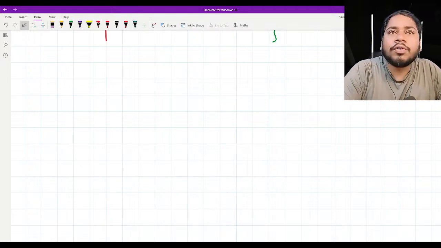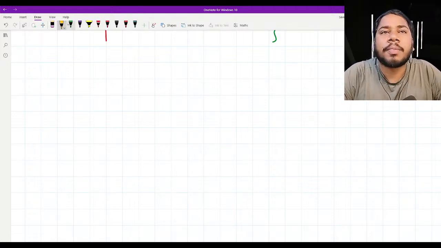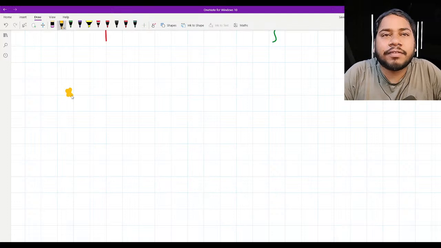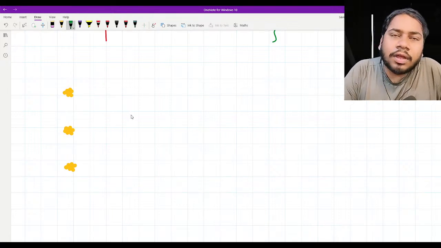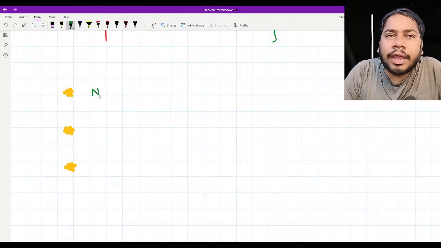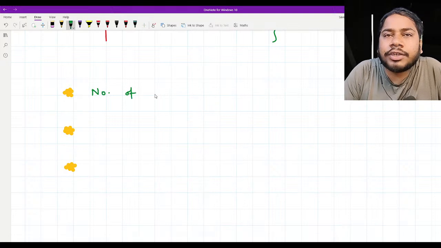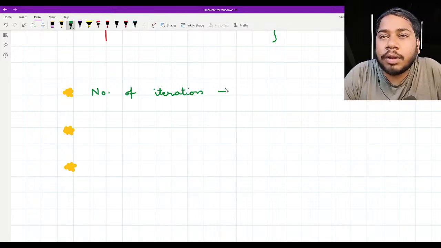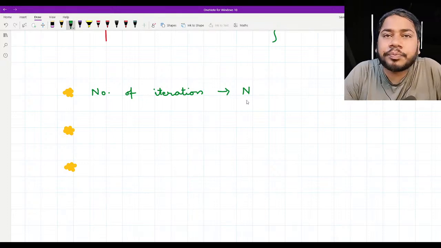Suppose we have decided 3 points. Here, in the above code, the number of iterations will be n, right?